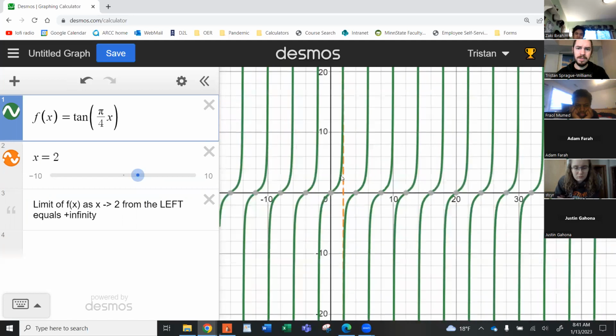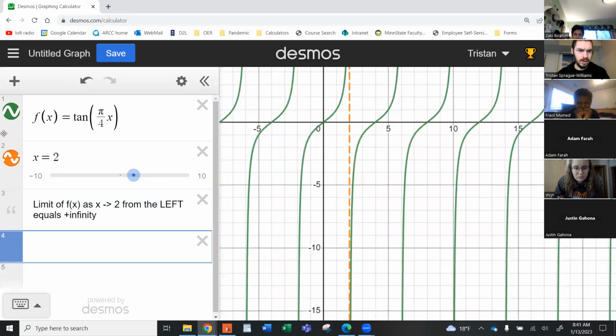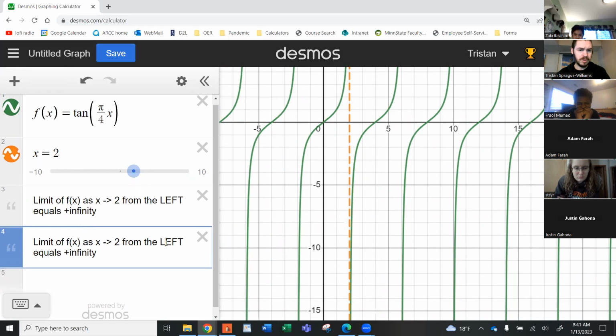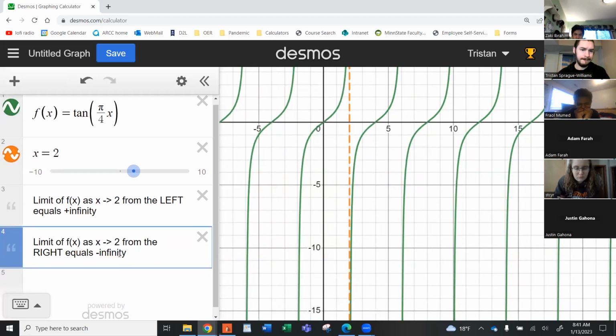And it's going to go up indefinitely, without any boundary above it, towards infinity. Now, if you look at the limit as x approaches 2 from the right, it's different. From the right, it approaches negative infinity.